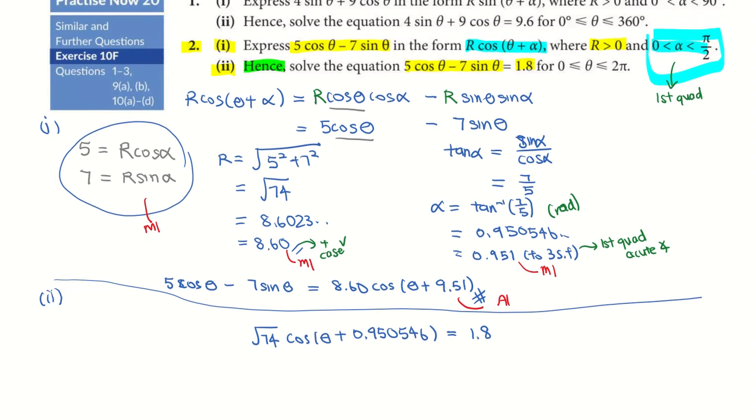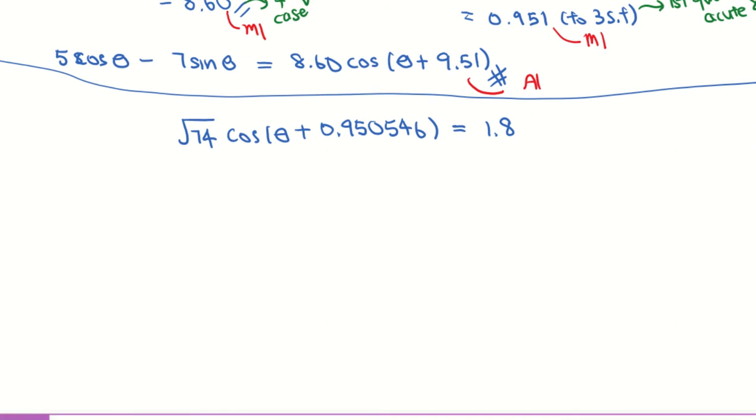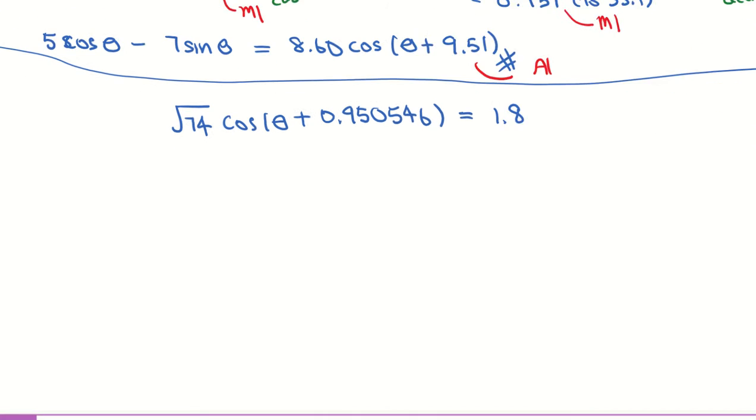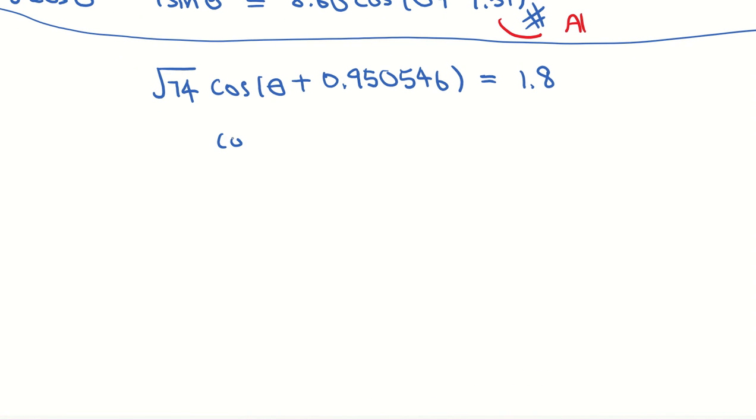All we have to do is find the theta values. Just solve. This is the easiest part, actually easier than the R formula. So we're just solving 1.8 divided by square root 74. What do they ask you to do after this?